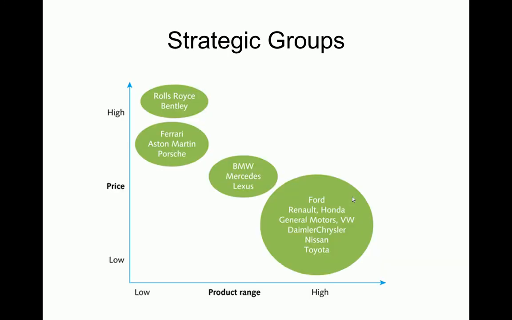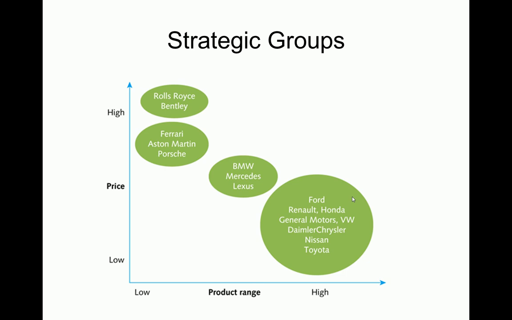It's easier perhaps to understand that if we look at an example. Here we've got the automotive industry, and we've got two variables, product range along the bottom and price up the side. In the bottom right hand corner we've got a large circle with Ford, Renault, Honda, General Motors and so forth in it. This group of companies all have a broad range of products, and generally they price their products at the lower end of the market. This is very different to the group of companies at the top left-hand corner.